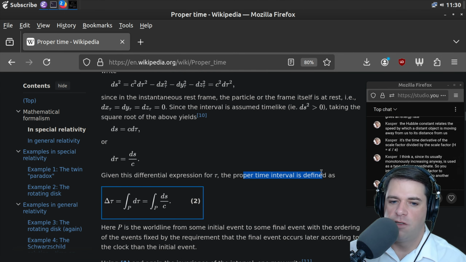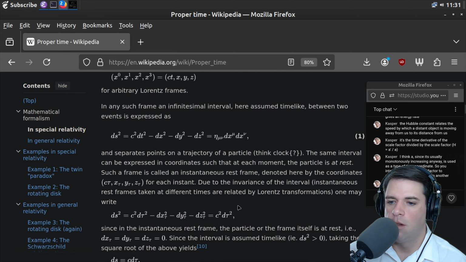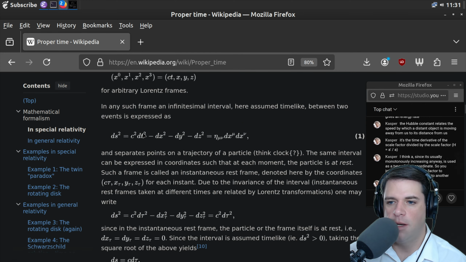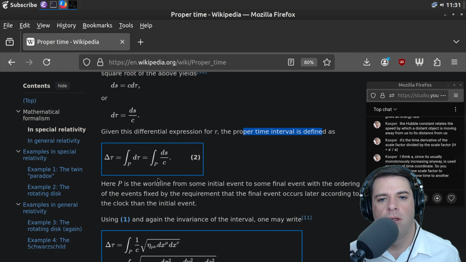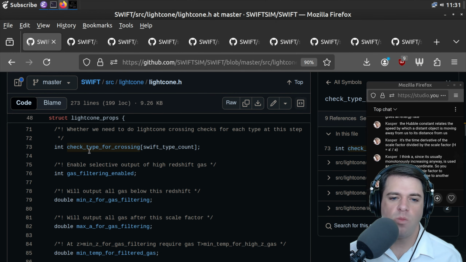The proper time interval is defined as delta tau, we're going to integrate over p d tau, integrate over p ds over c. I'm not sure. First of all, I don't know where tau came from. Is tau time? T is time. Somehow we got a tau. All right, whatever. We'll look at that later.